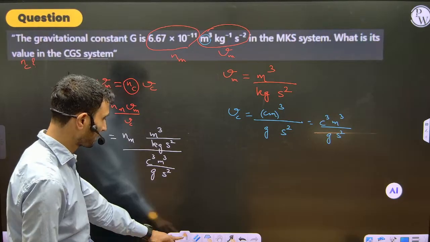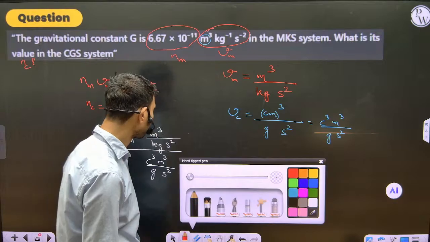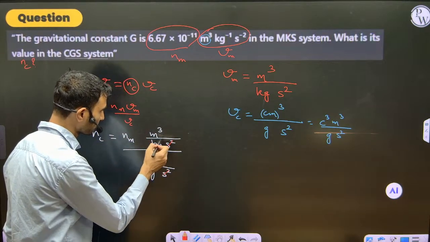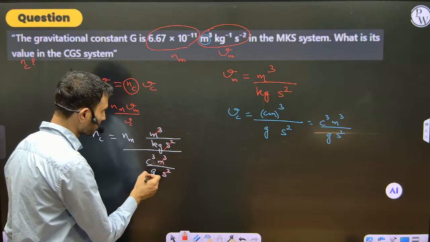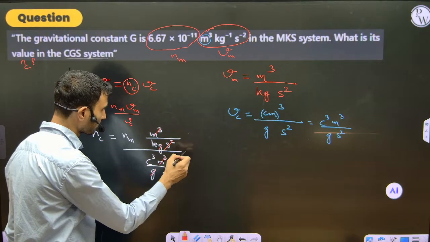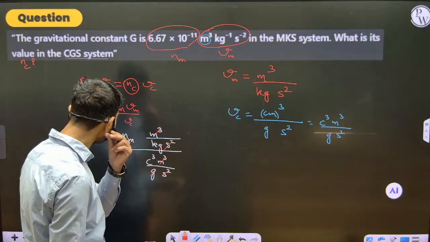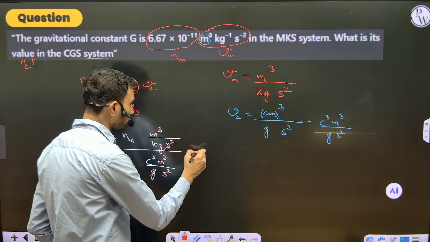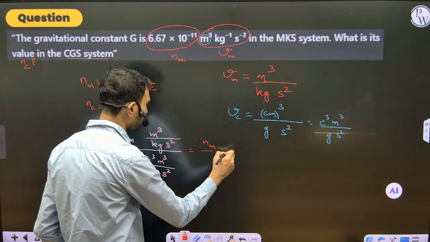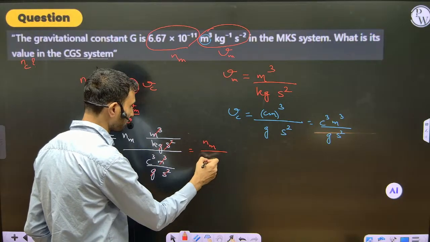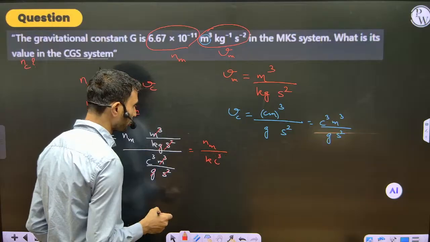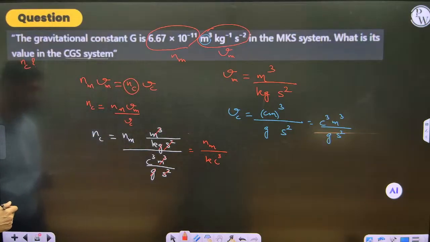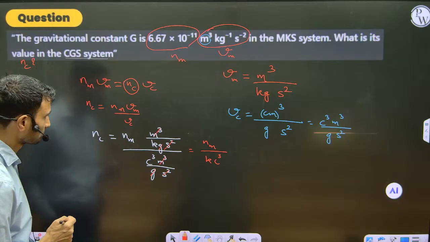And then we get cancellations. That's equal to NM divided by K into C cube. Got it?